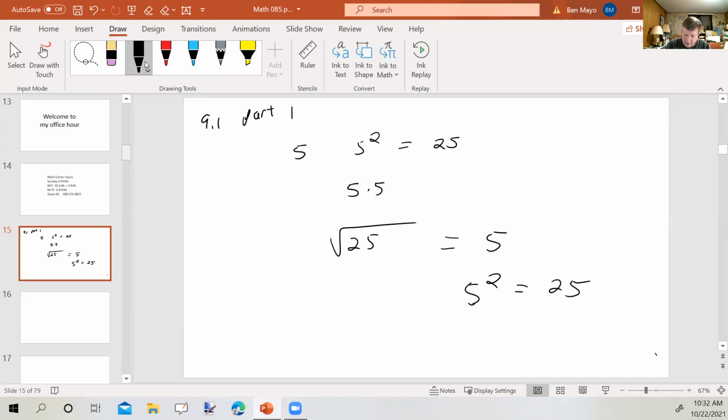If you take the square root of a perfect square, you get a nice number. If you take the square root of something that's not a perfect square, you get a not so nice number, one that's called irrational, which means it can't be written specifically exactly as a fraction or a decimal. And if you take the square root of a negative number, you get something that's not real. And we want to focus mostly on the numbers that are real.